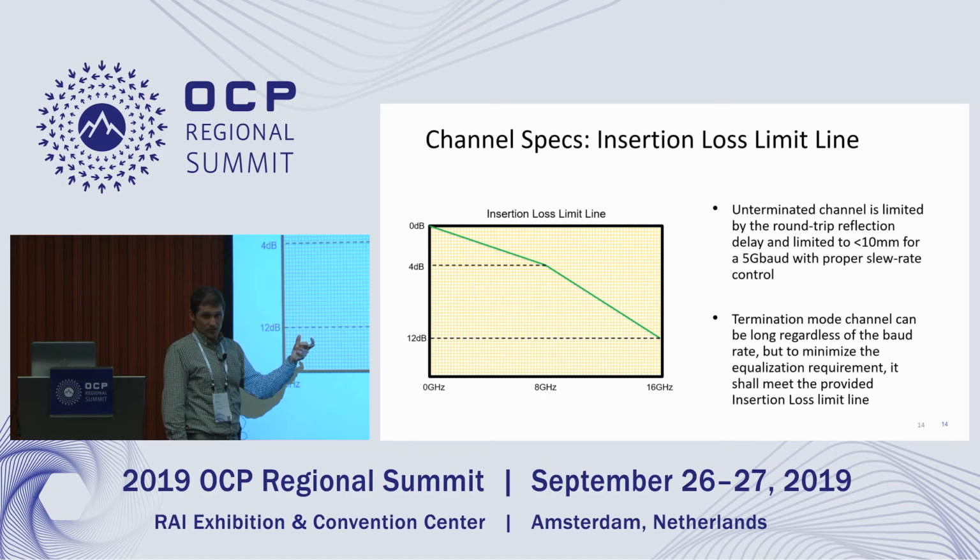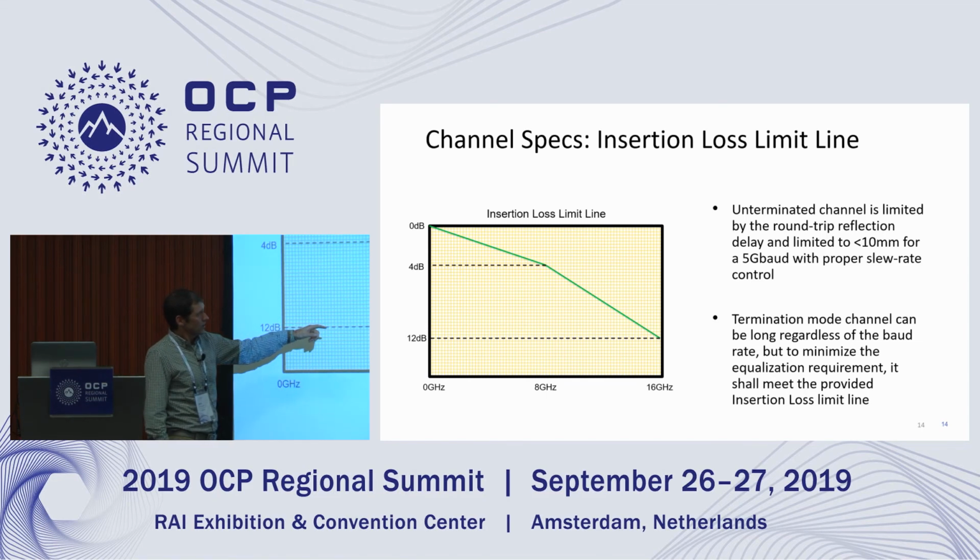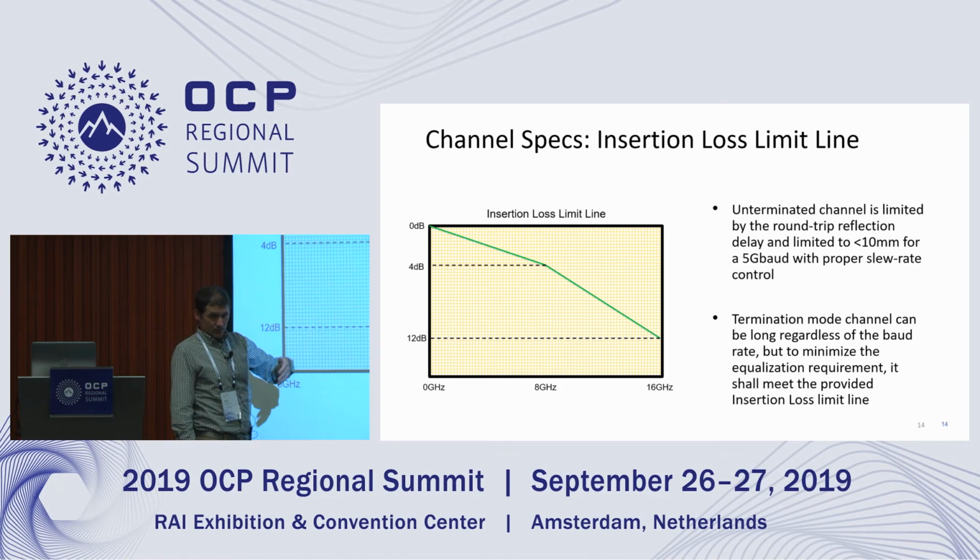So that's the reason for the 10 millimeter limit. The round trip delay, keep that a small portion of the unit interval, and that's all that's needed. But in the terminated mode, you can have much longer traces, up to 50 millimeters in the proposed spec, and then the limit of 4 dB at 8 gigahertz.